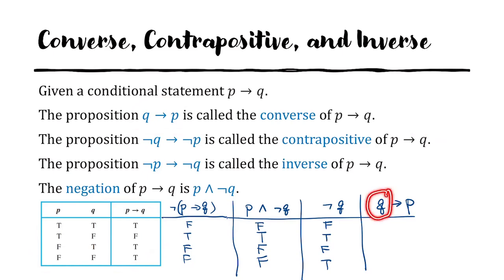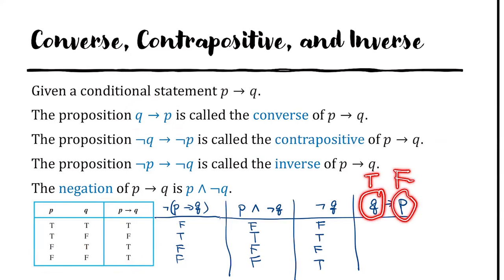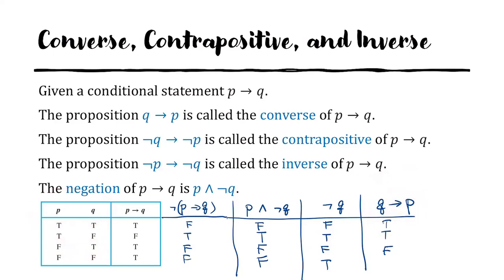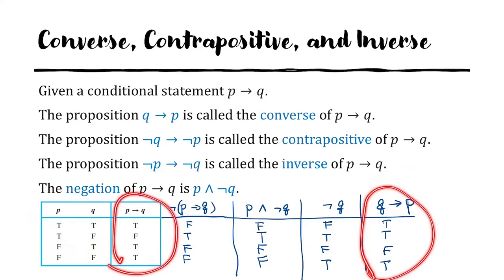So that means when Q is true and P is false, that will make this statement false. So if you go here to check, when will Q be true and P be false? That's the third row. So the third row will be false, and all other conditions will be true. Now, when you compare the truth tables, they are not the same.